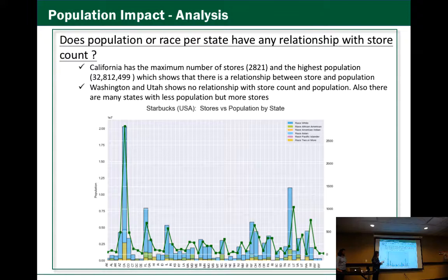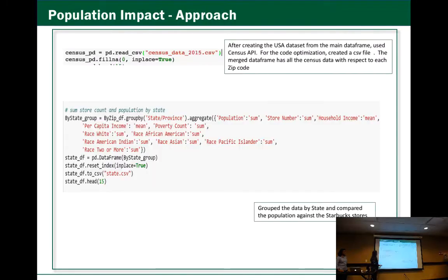But if you look at the graph, it doesn't show a direct relationship with all the different states. Washington has a high population but a low store count, and Utah has a low population but a very high store count. So there are other factors affecting it.